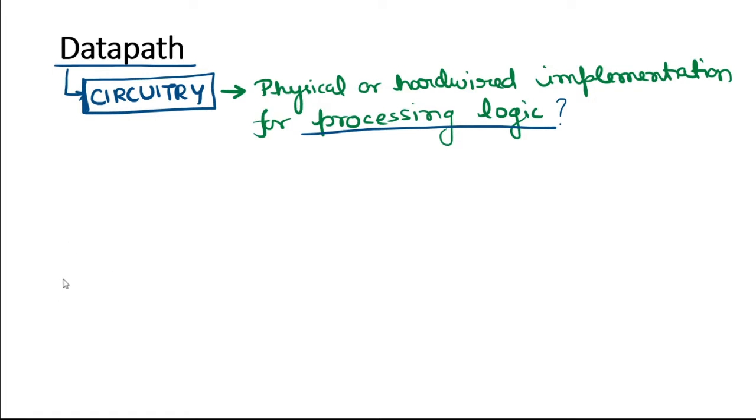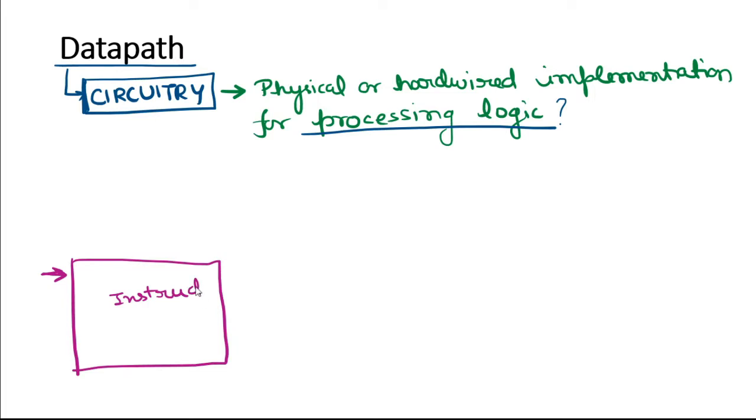So basically there are certain operations that are supported by a computer. Okay, so let's start with what we discussed in our introductory class. Whenever we were designing a computer, we defined what? We defined instruction set, right?